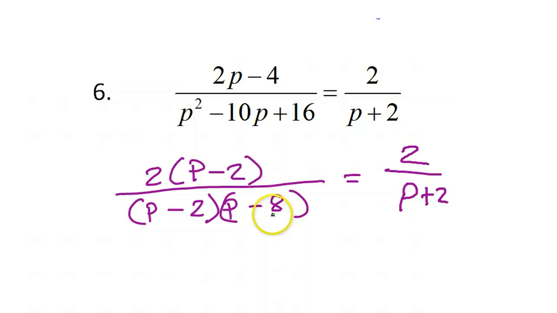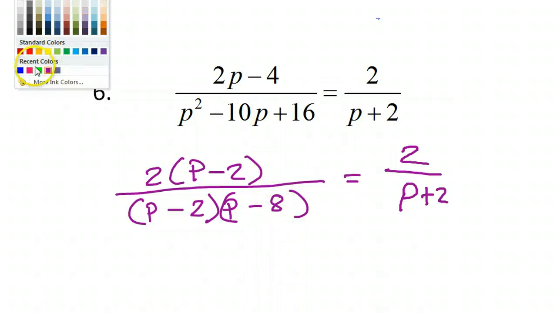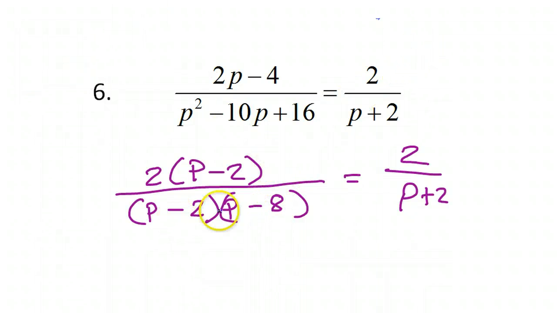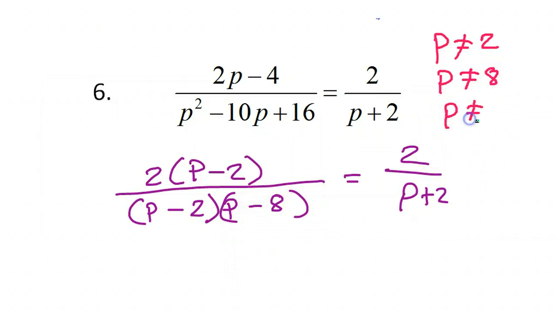Okay, let's state the restrictions now. Based on these factors in the denominator, p cannot equal positive 2 because of this. P cannot equal positive 8 because of that. And p cannot equal negative 2 because of this.